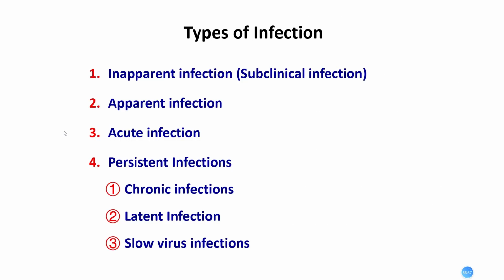Okay. On the host level, the types of infection can turn out in different ways. Some infections would show inapparent infection, like subclinical infection. Subclinical means that even though in a person's body you can detect the presence of virus, and you can also detect the presence of antibody specific to the virus, the person does not show any observable symptoms.